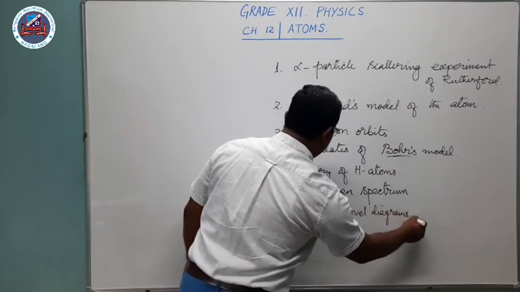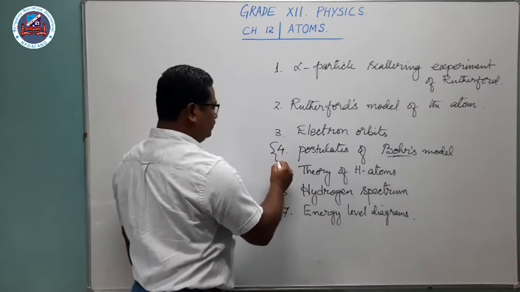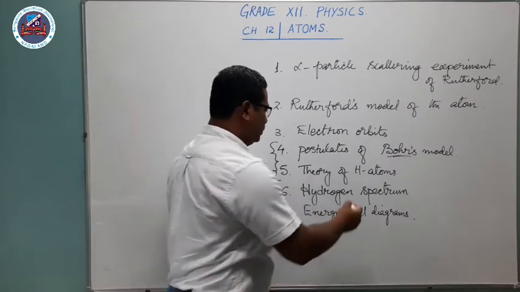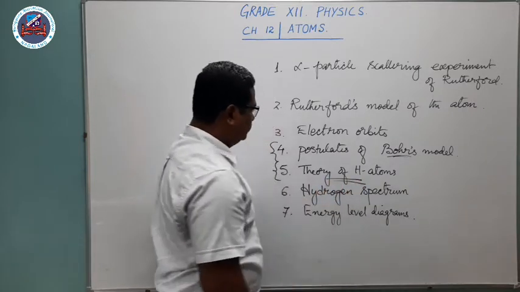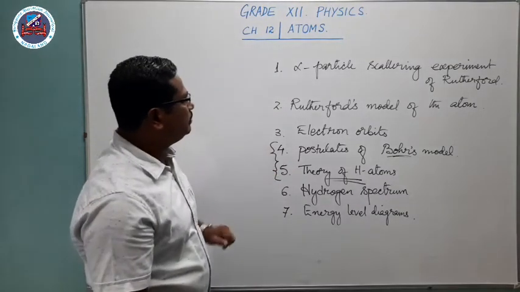From Bohr's point of view, you have to focus more on the basic postulates of Bohr's model of the atom and the theory of hydrogen or hydrogen-like atoms. Most of the time, questions come from this portion.